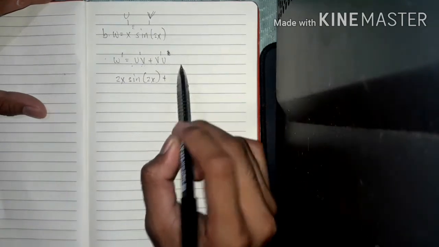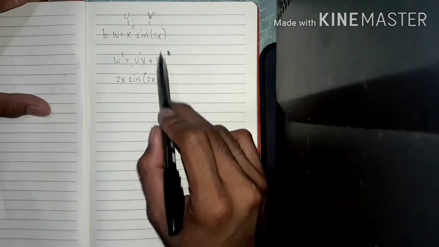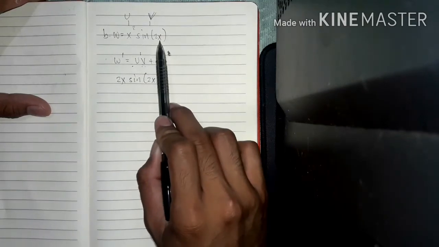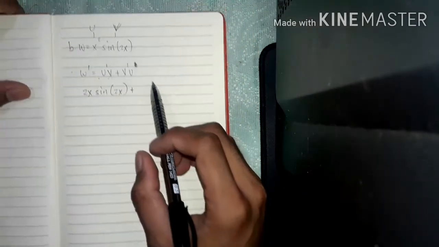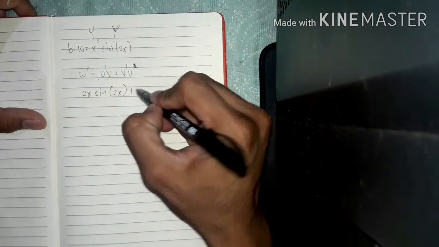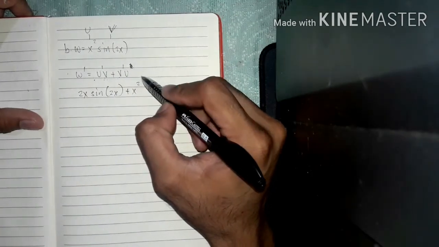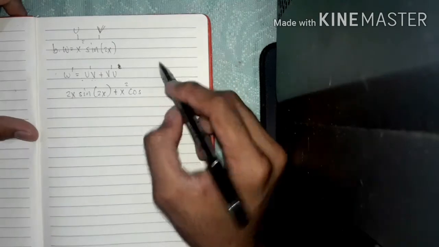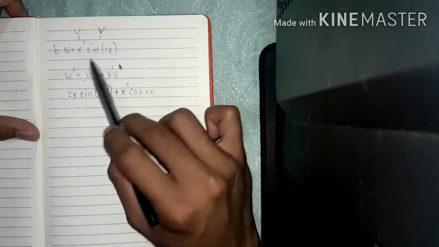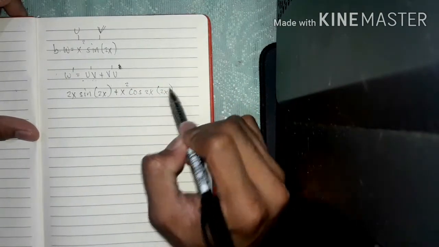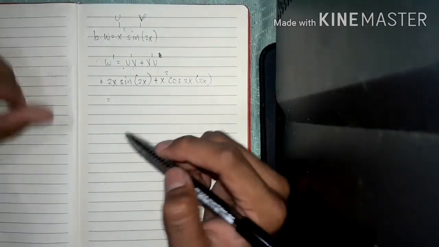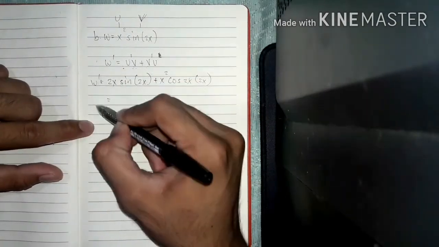V prime then U. If we calculate with the trigonometric functions, what comes out is cosine 2x, x squared cosine 2x. Then let us calculate it, so we get the W prime.